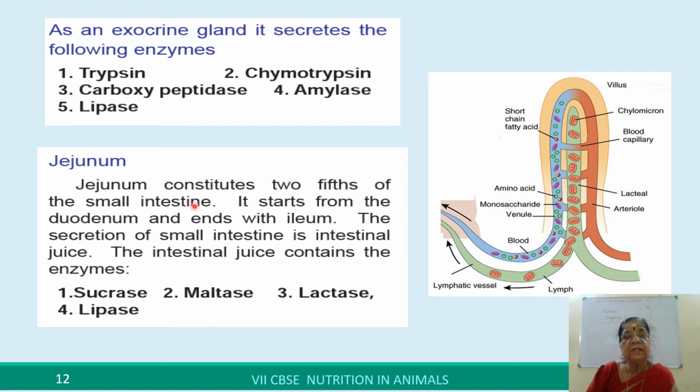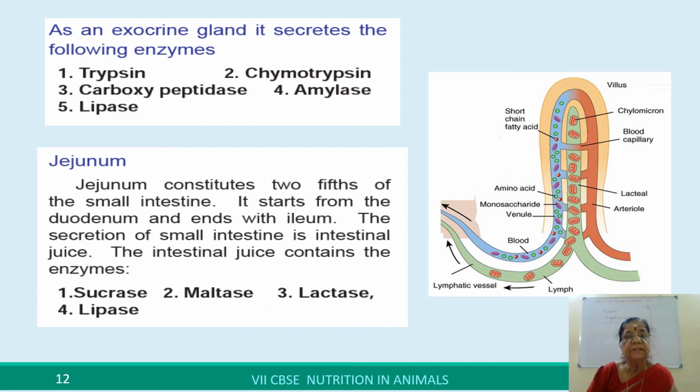The jejunum consists of 2/5 of the small intestine. It starts from the duodenum and ends with the ileum. The secretion of the small intestine is intestinal juice, called succus entericus, and that contains sucrase, maltase and lactase. I hope you understand this.